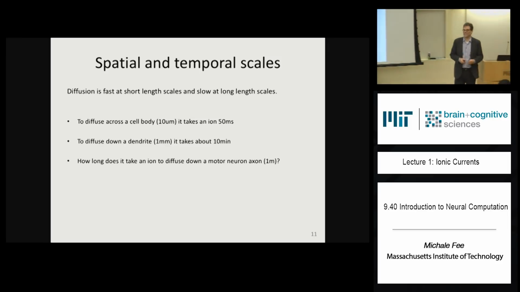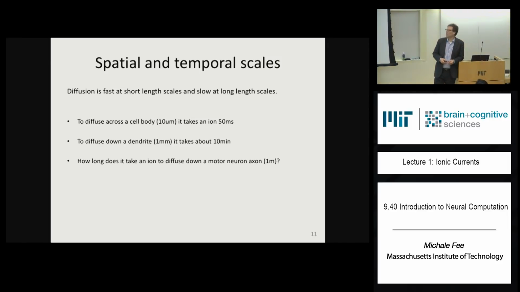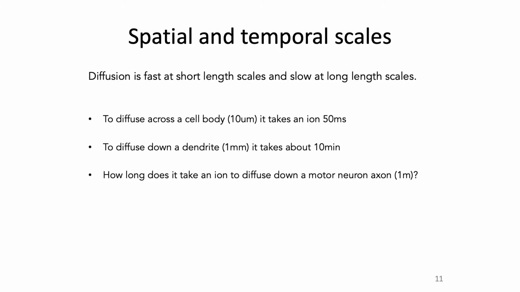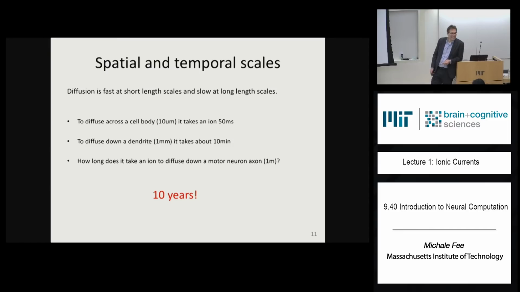Somebody just take a guess. It's a 20th of a second here, 10 minutes here. Anybody want to guess? An hour. Yeah. 10 years. Why is that? That's crazy, right? How is that possible?